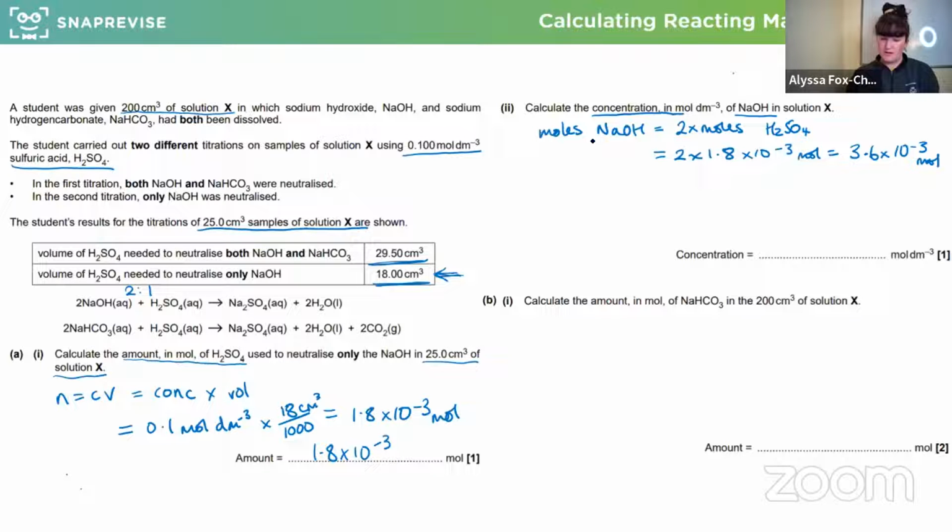We've just worked out, using moles of H2SO4 and noticing that there is a 2:1 ratio in the balanced equation, that we need twice the moles of H2SO4. So we've got 3.6 times 10 to the minus 3 moles, but they want concentration. Concentration, if we look at n equals CV, is equal to moles divided by volume. I've got the moles.